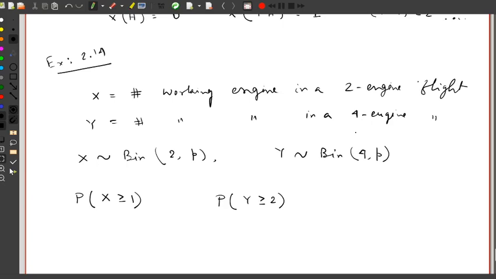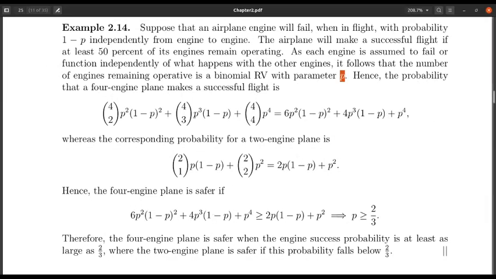Okay. Now let us make a comparison of these two. The success probability of a four engine plane is nothing but this quantity. It is written from the binomial formula, n choose 2 p to the power 2 (1 minus p) to the power n minus 2, and in this case n equals 4. That's why we get this one.